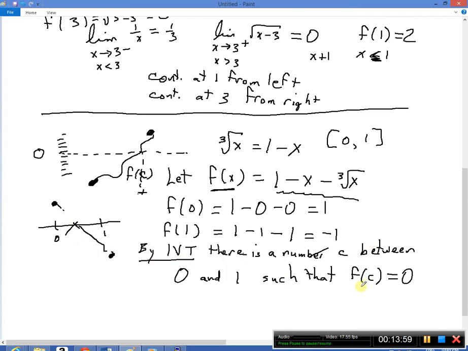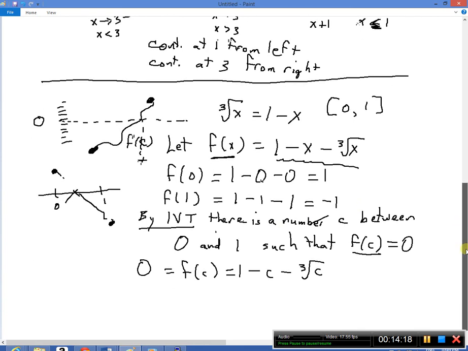And that means that at this number, if you plug that number in here, you're going to get 0. So f(c) equals 0, but f(c) is 1 minus c minus the cube root of c. And so what that means is, if you bring everything to one side, right, because you can toss the c and the cube root of c over here, then c plus cube root of c equals 1, and there's your solution.